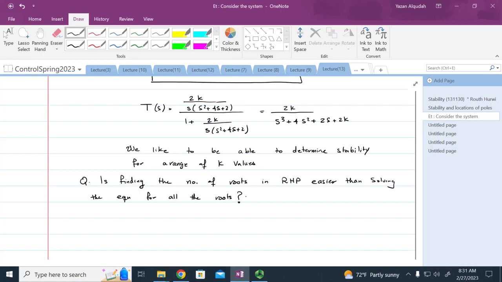Just finding the number of roots that are in the right half plane without knowing where they are. Does that make sense? So we can solve for all the roots and say, okay, yeah, we have two roots on the right half plane, therefore the system is unstable. Or we can just look at this and say, oh, it has two roots on the right half plane. We do not know where they are, but it has two roots on the right half plane, therefore the system is unstable. Make sense? And this is the approach we're going to be doing.